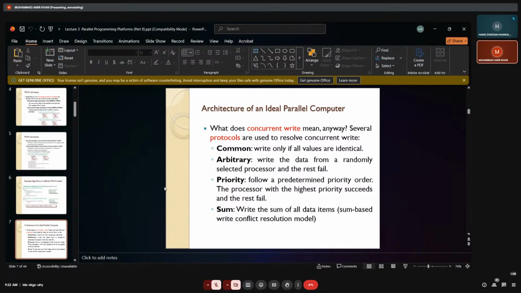Priority: allow a predetermined priority order; the processor with the highest priority succeeds and the rest wait or fail. Sum: write the sum of data items, a sum-based write conflict resolution model. So these are the protocols basically used in the ideal parallel computer: common, arbitrary, priority, and sum.